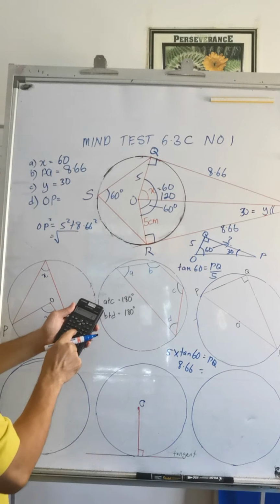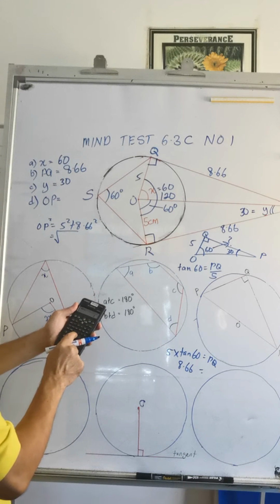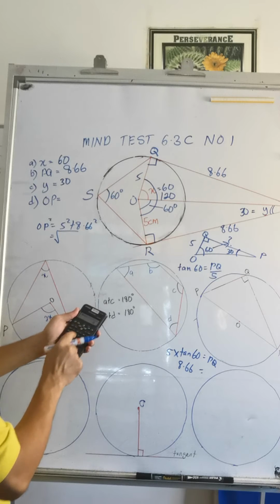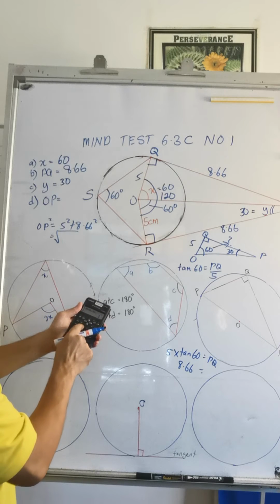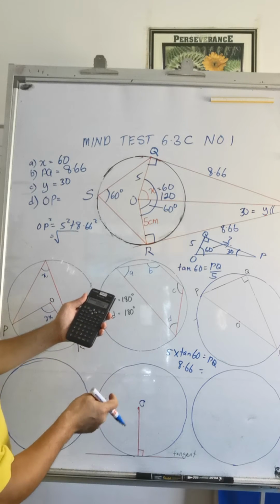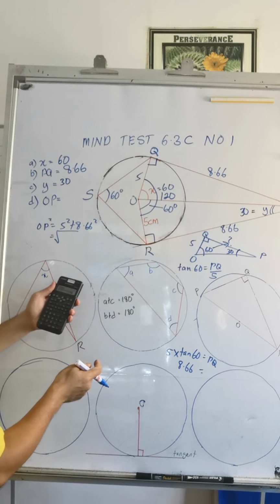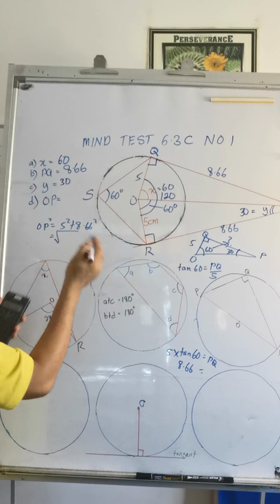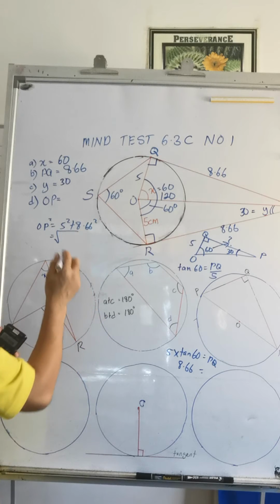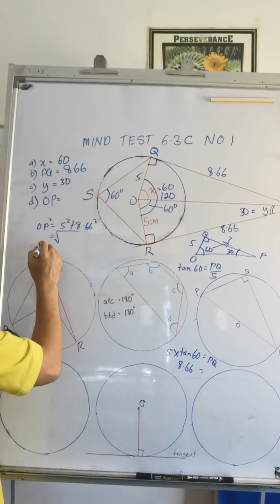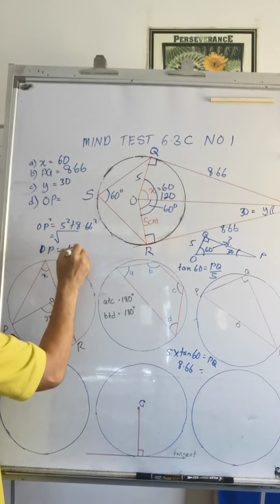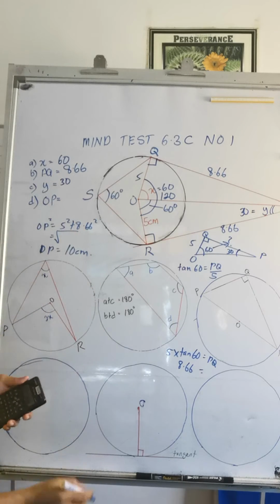So 5 squared plus 8.66 squared, press equal, and the square root of the answer would be 9.999, very near to 10. So the value of OP is 10 centimeters.